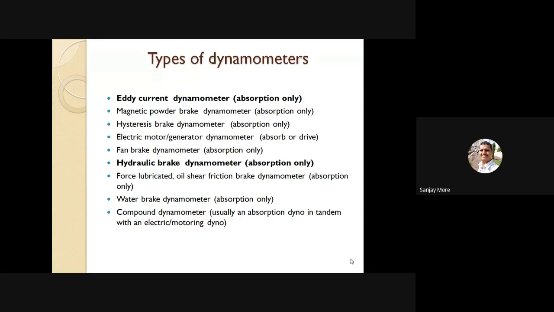The next, electric motor or generator dynamometer. Next, fan brake dynamometer.